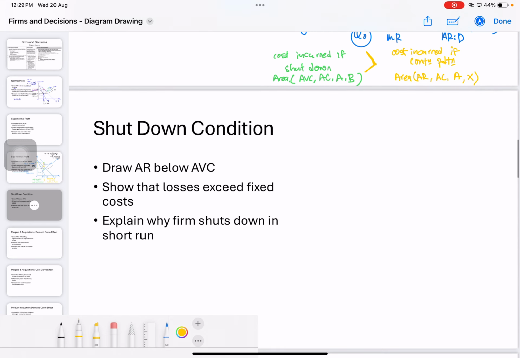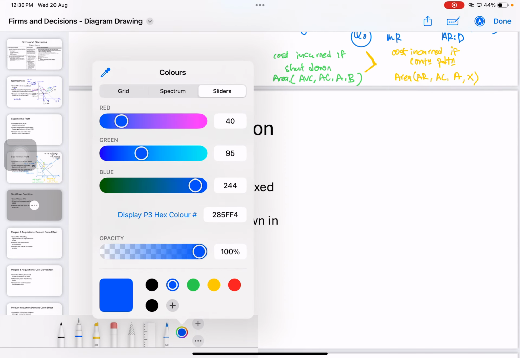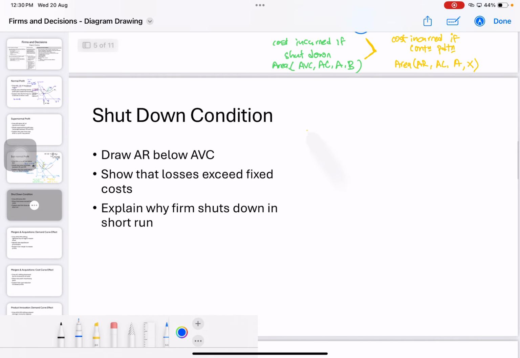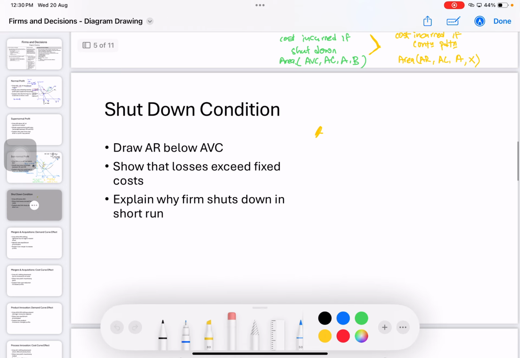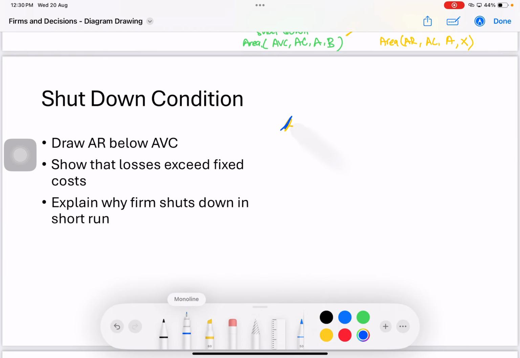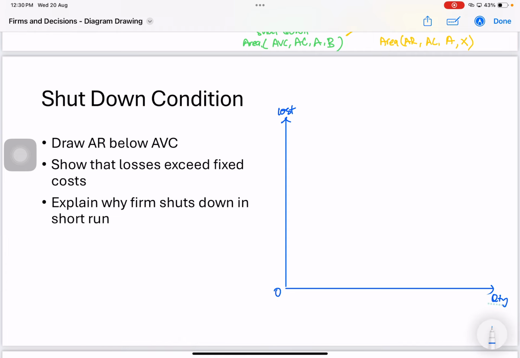So this is an extension from what we explained above, and hence let us draw this together. Quantity, origin, similar concept.